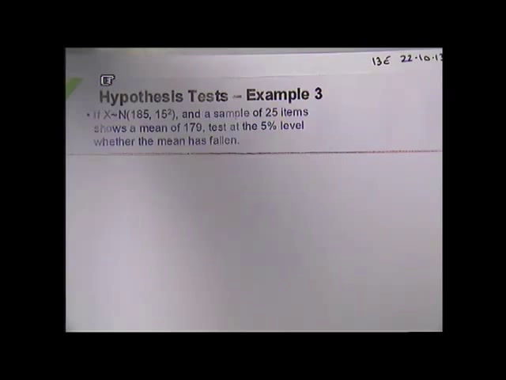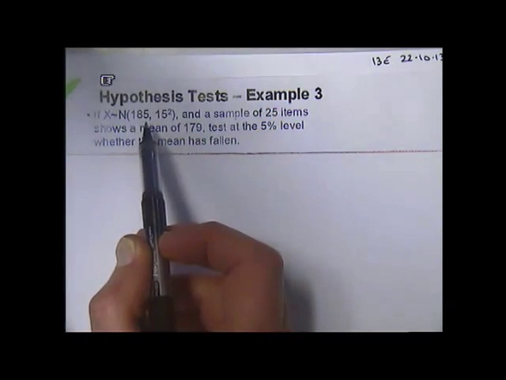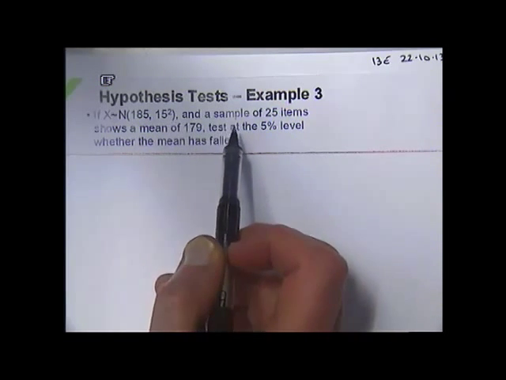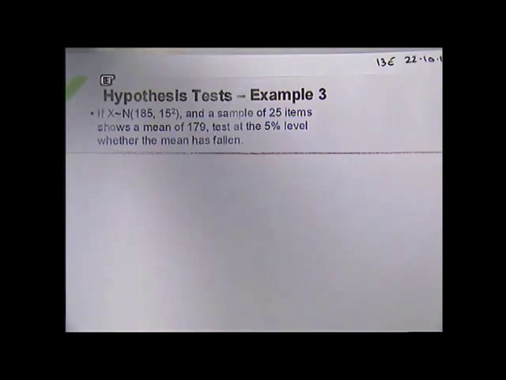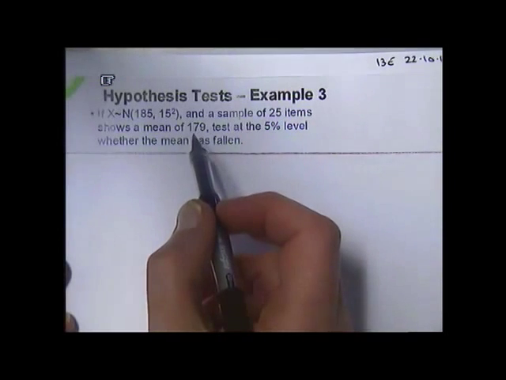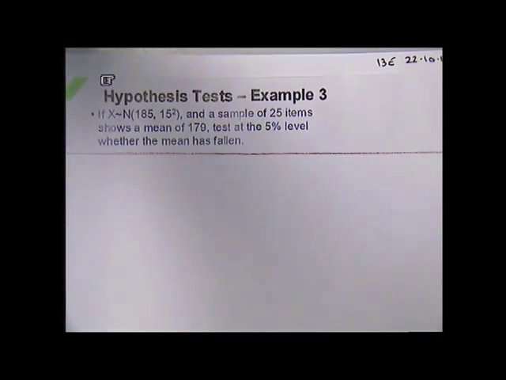The next example, example number 3, says X follows a normal distribution, mean 185, variance 15 squared, and a sample of 25 items is taken, and the sample mean, x bar, is 179. We have to test at the 5% level whether or not the mean has fallen. So basically, do we still believe the population mean is 185, or has it fallen?